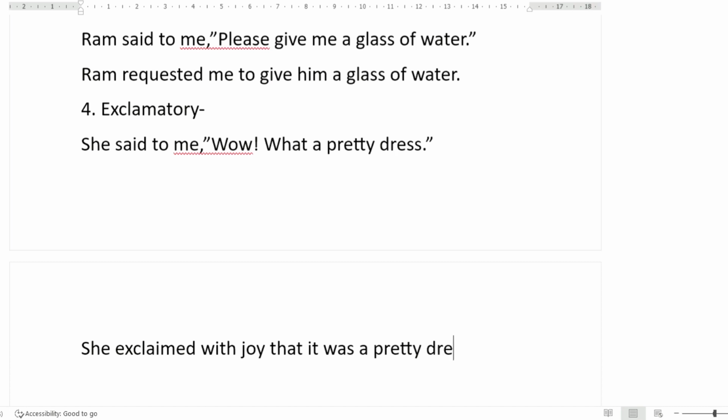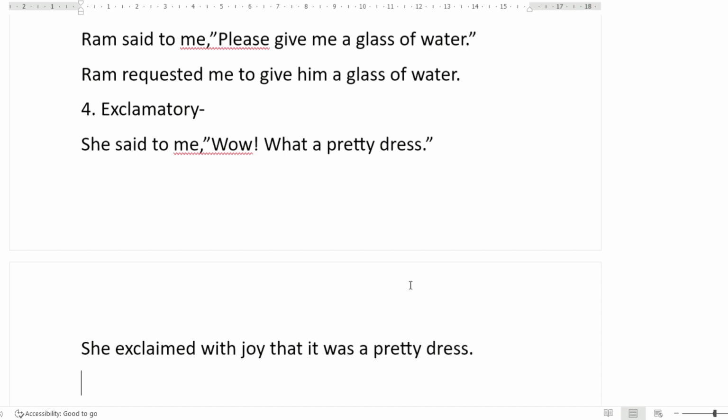So again, the tense has changed, the pronoun has changed, and the reporting verb will change according to the feeling, like exclaim with joy, exclaim with surprise, exclaim with anger, exclaim with sorrow. In this case again we use that to remove the comma and inverted commas.